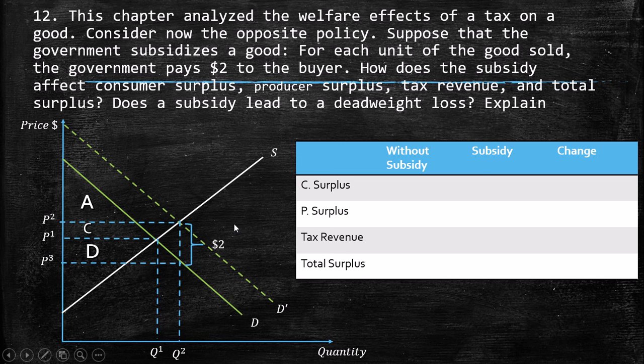So here we are going to divide our analysis into sections. What was the consumer surplus without the subsidy?